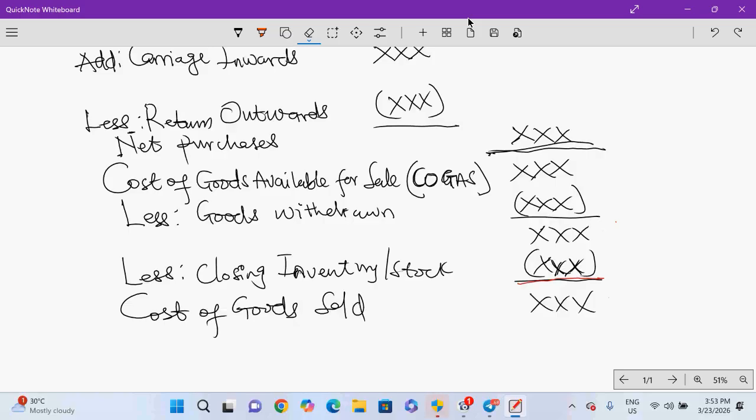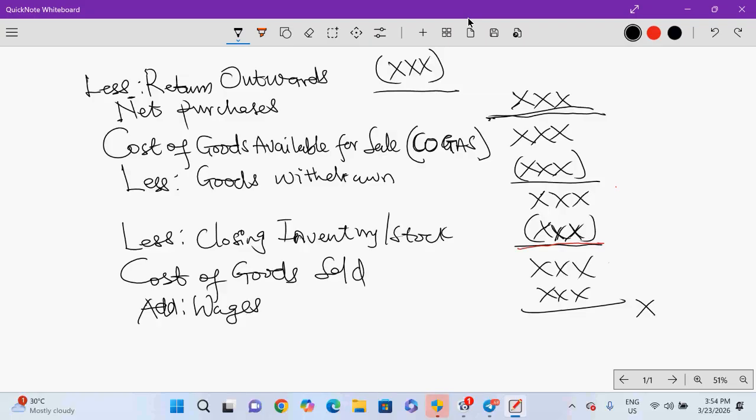Now that you have the cost of goods sold, if there are direct wages in the question, we add the wages to the cost of goods sold, and we get the cost of sales. Let me use a red pen for this.